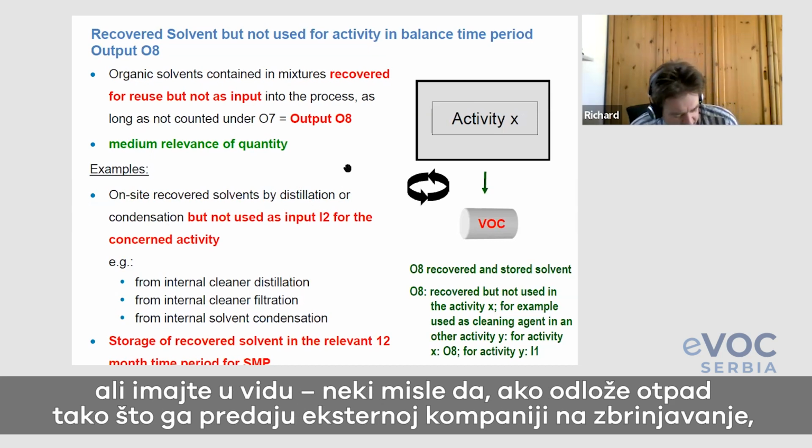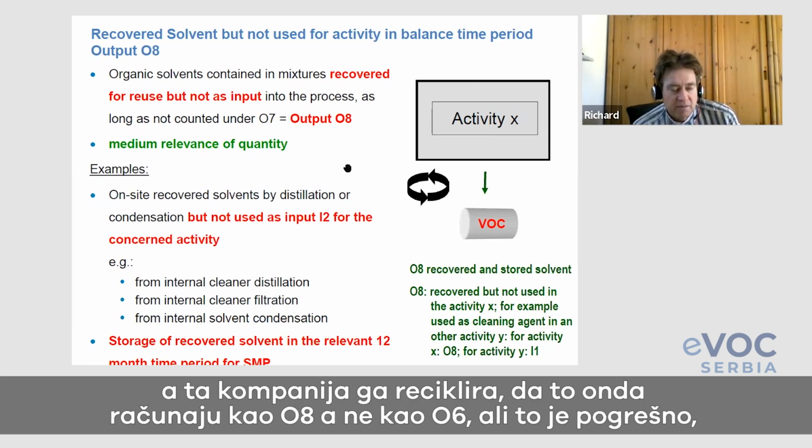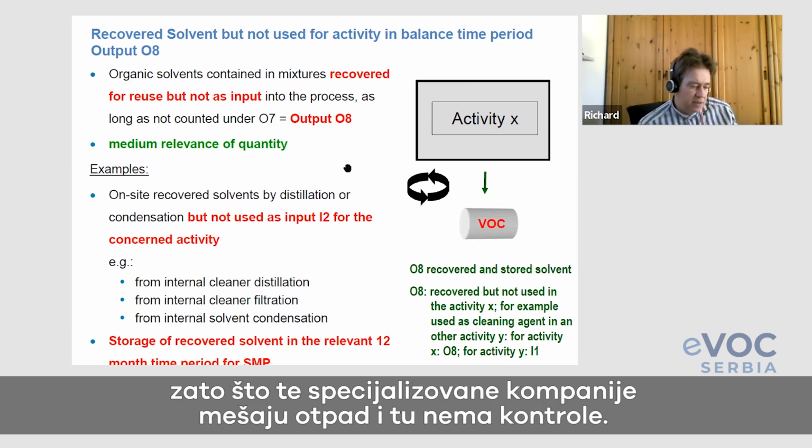Some people think that if they dispose of the VOC containing waste to external waste companies, where maybe the VOC is then recycled, they can consider that not as O6 but as O8. But that's wrong, because in such specialist waste companies, they mix the waste and there's no control anymore.